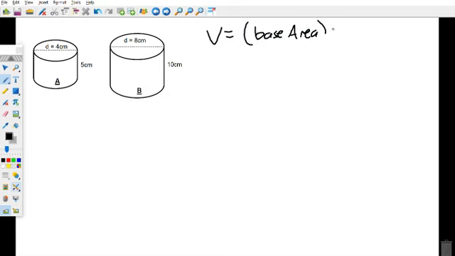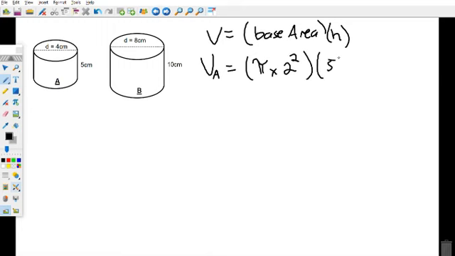So in this first one here, the volume of A is going to be pi times 2 squared multiplied by 5. So we should get 20 pi. Very nice. We're not going to round off quite yet, so just keep it as 20 pi for now.